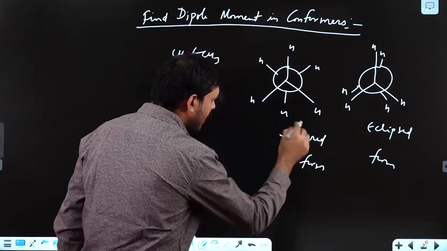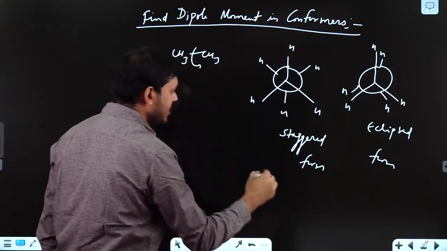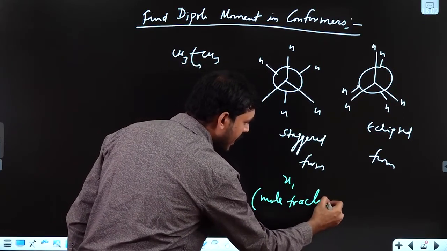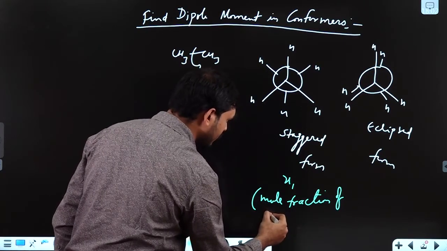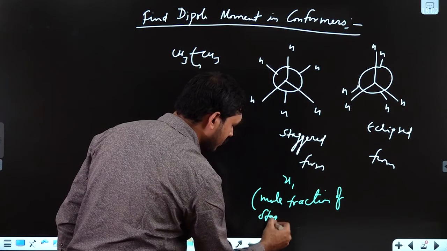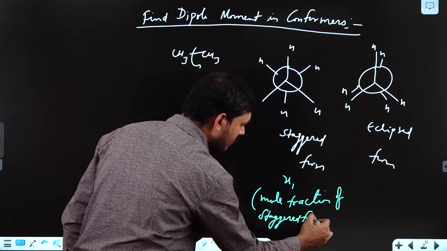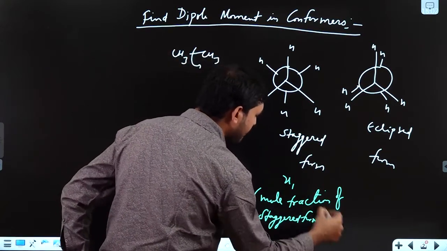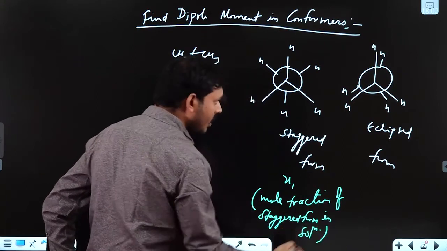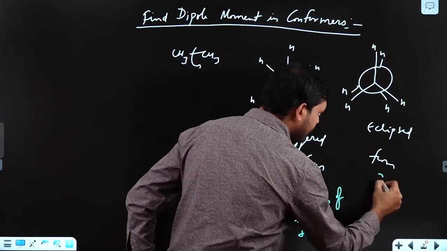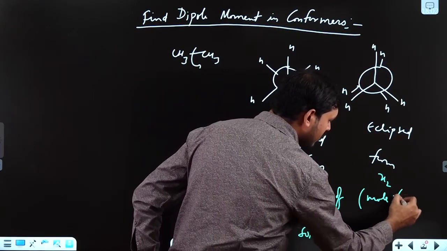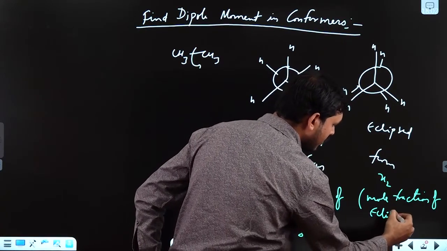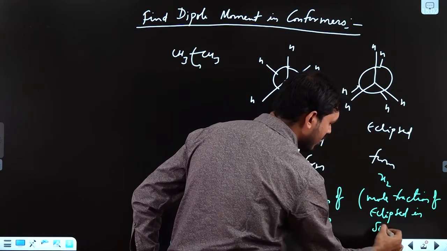that let the mole fraction of the staggered form in the solution be x1, and x2 the mole fraction of eclipsed in the solution, right?